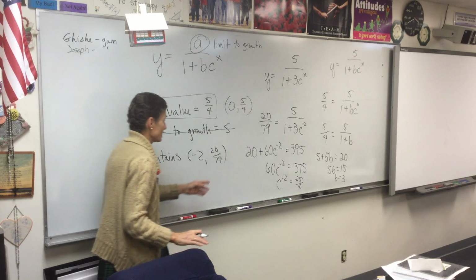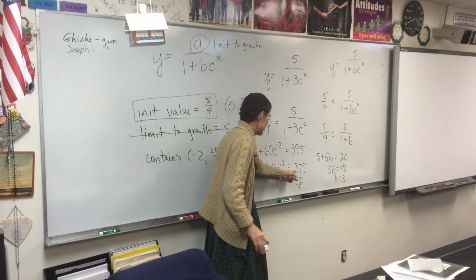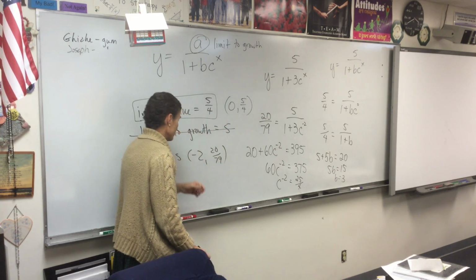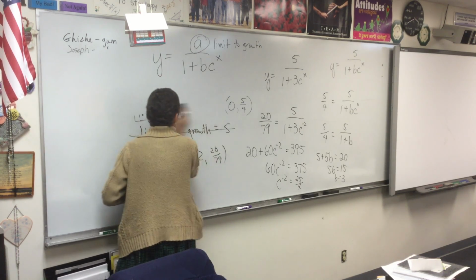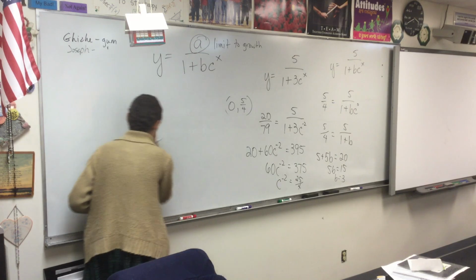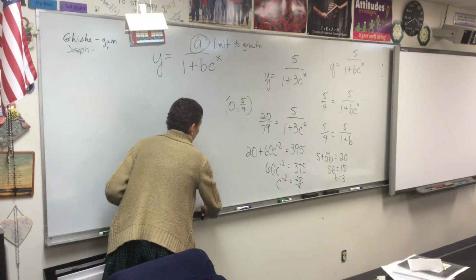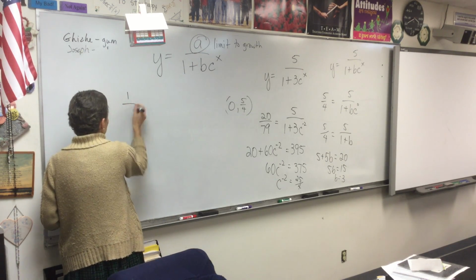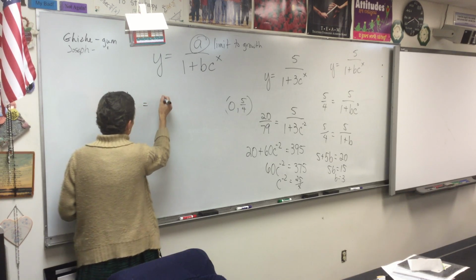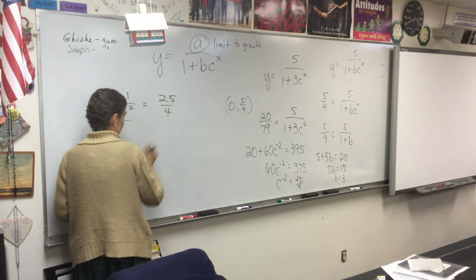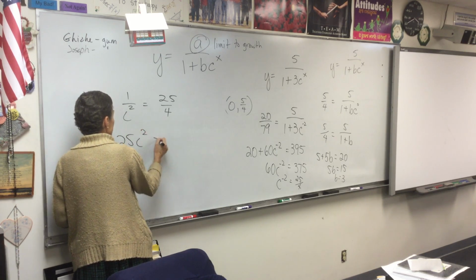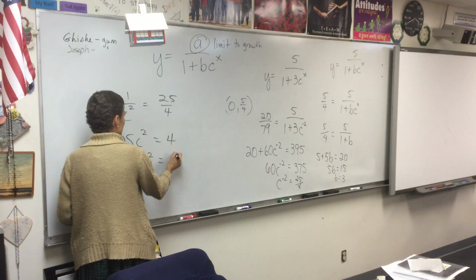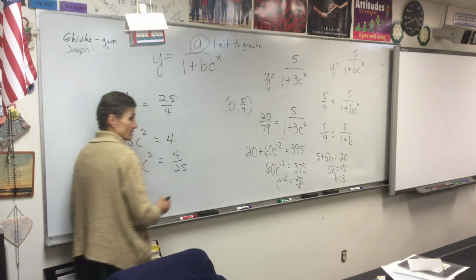I'm just doing arithmetic here. I subtracted 20 and divided by 60. Now what? So maybe 1 over C squared equals 25/4. So 25C squared equals 4 and C squared equals 4/25.